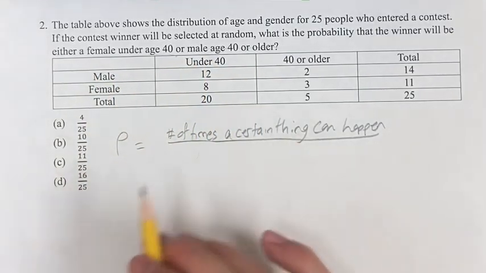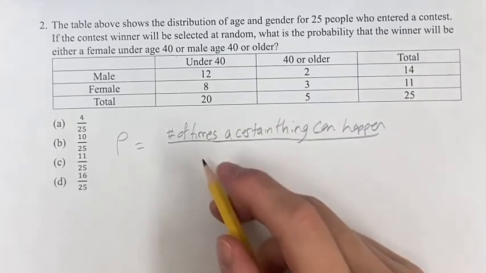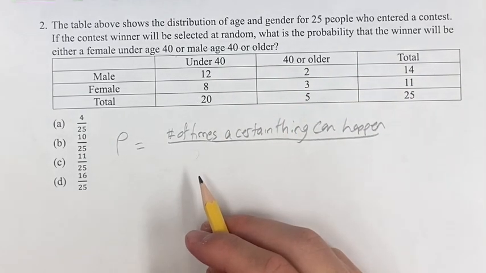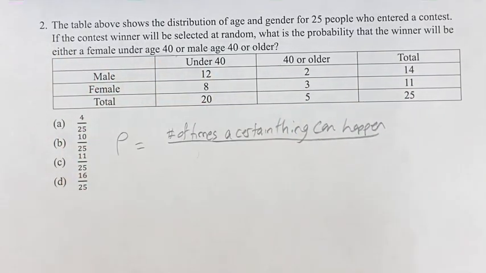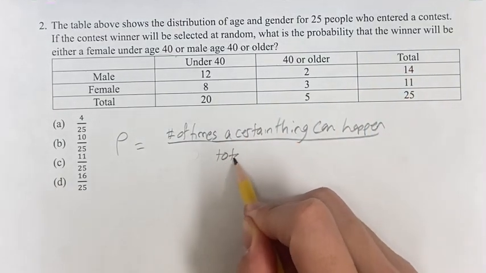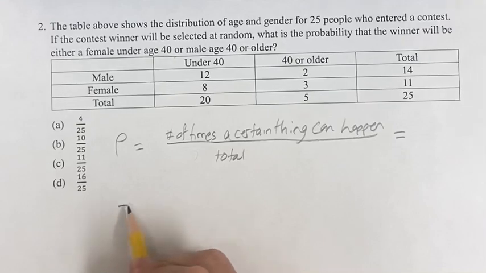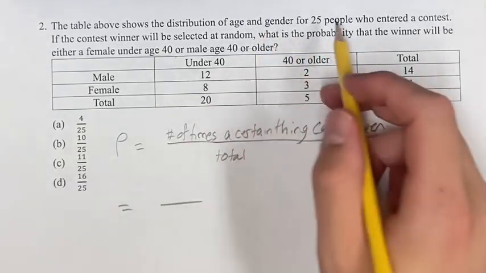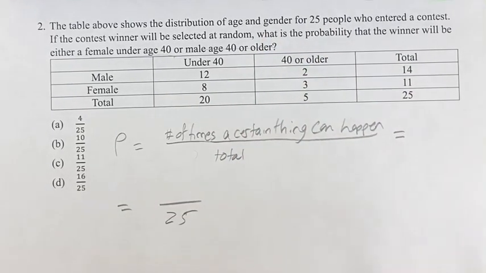And then your denominator is just the total sample set, right? So if the contest winner is selected at random, it's going to be divided by just the total number of people, which in this case is 25 because we took 25 people who entered a contest.